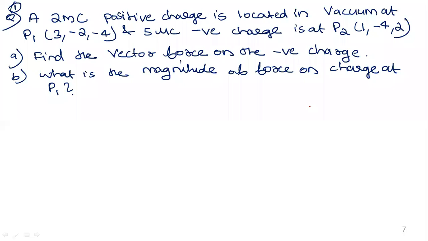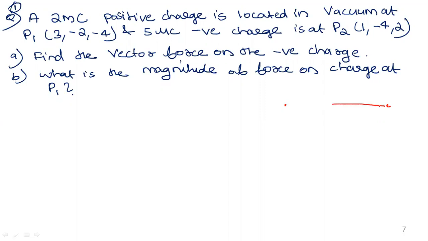Just write down the question along with me. The question: 2 microcoulomb positive charge at 3, minus 2, minus 4, and 5 microcoulomb negative charge at 1, minus 4, 2. So P1 and P2, and we need to find the force. We'll draw the figure.